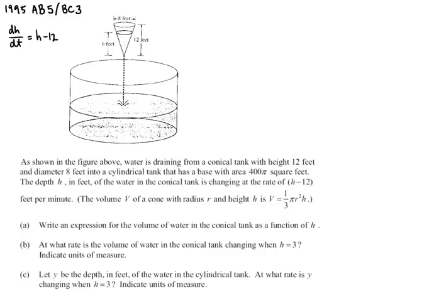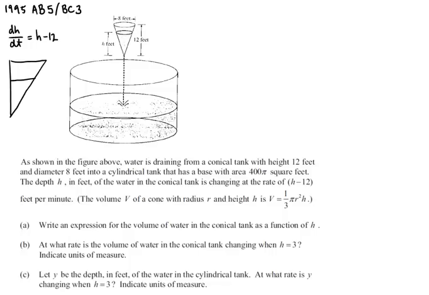So again, with these conical problems here, we're quite often going to use a system of similar triangles to reduce one of the variables. Now the first thing that we're asked for here is to write an expression for the volume of water in the conical tank as a function of h.